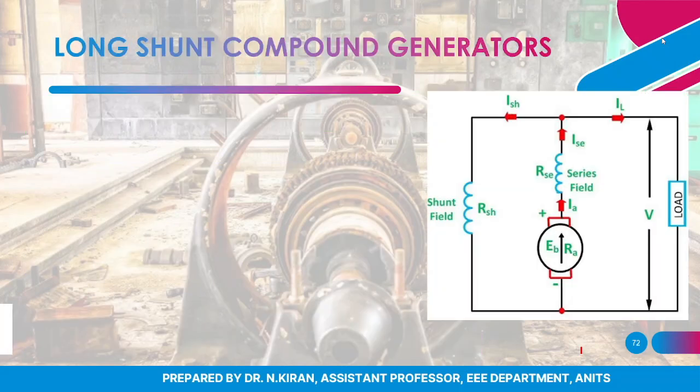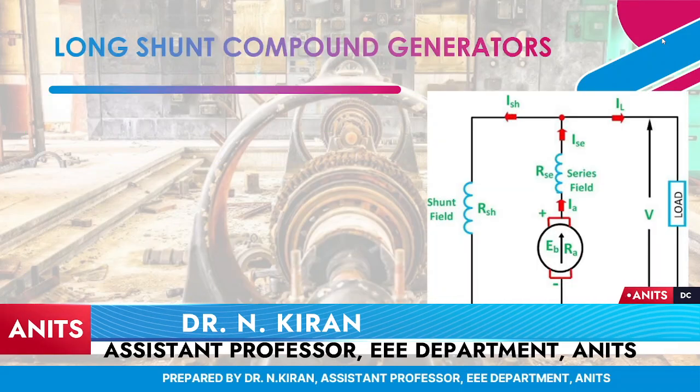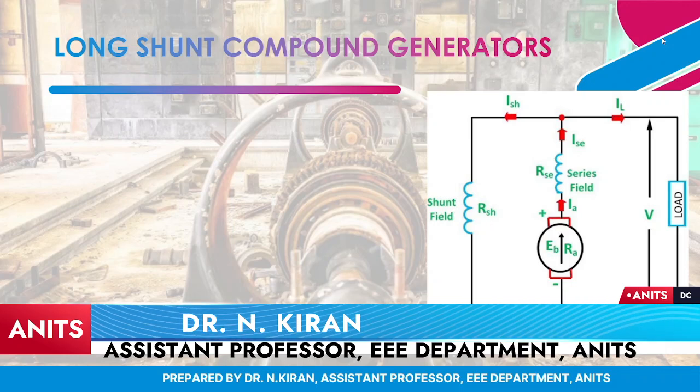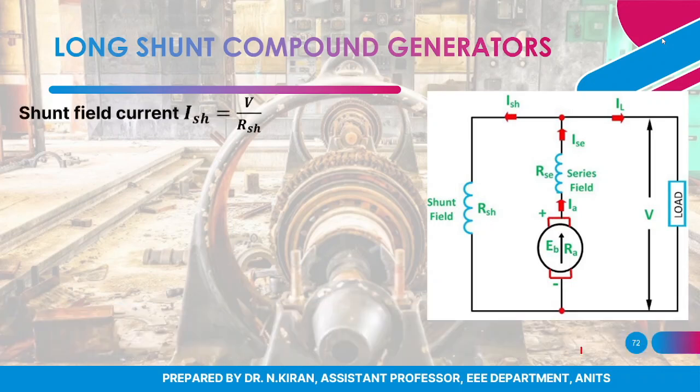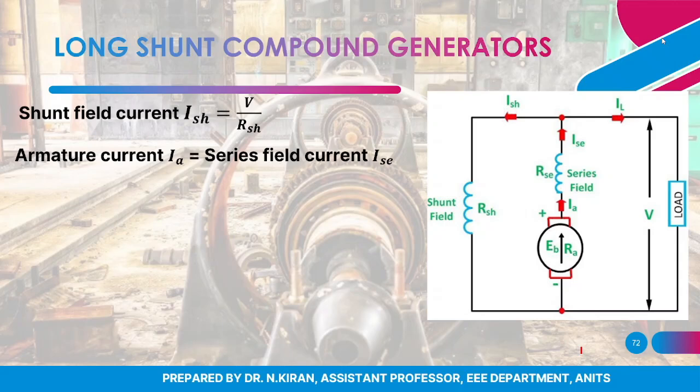This is the circuit configuration of the long shunt compound generator. So ISH will be V by RSH. You can see from the circuit configuration that IA is equal to ISC.